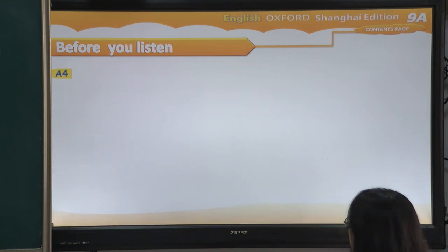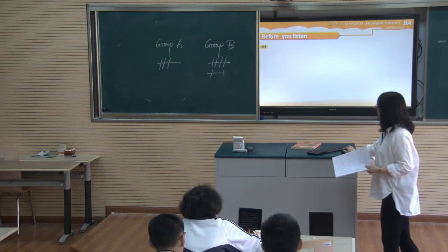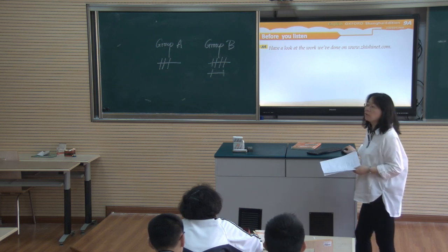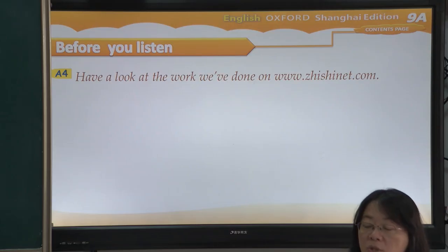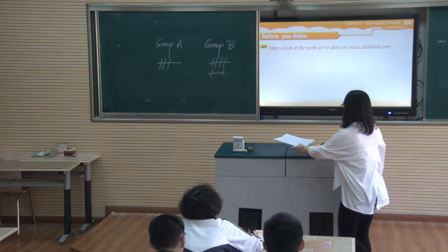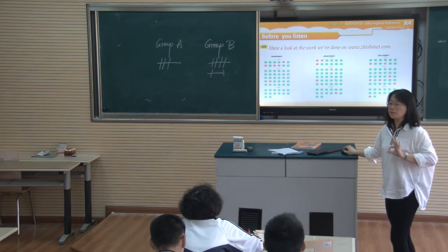Now, then, to prepare for our listening, now have a look at the work we have done. I asked you to do some homework at home, okay? Now I have corrected your homework. So, now here are 3 students scored.